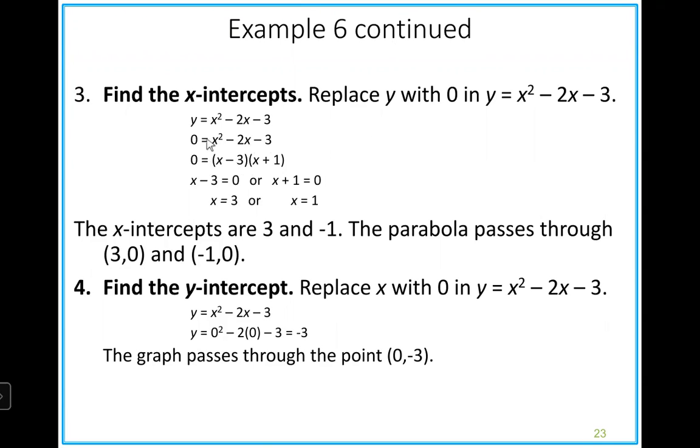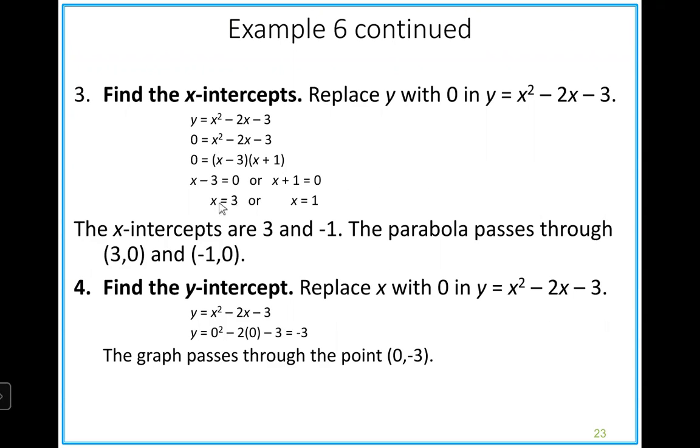So we factorize, or we could have used the formula if we wanted to. But in this case, we factorize. And so we factorize that and got x minus 3 times x plus 1. So either x minus 3 is 0 or x plus 1 is 0.